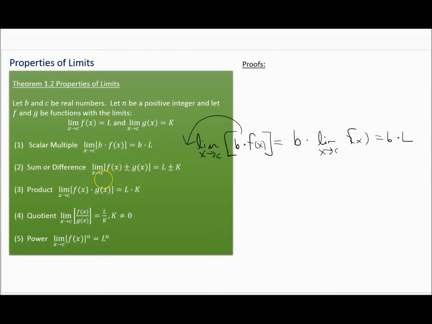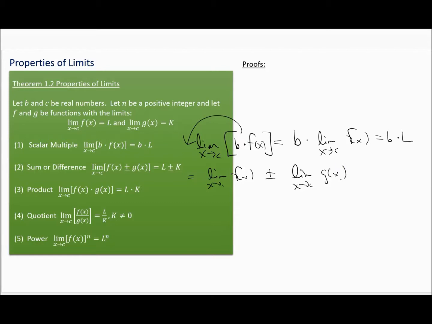Number 2 is the sum or difference. If you're adding 2 functions together, you can take the limit of these separately. So this is equivalent to saying the limit as x goes to c of f of x, and then separately plus or minus calculate the limit as x goes to c of g of x. So you can split this up as 2 separate limit problems.